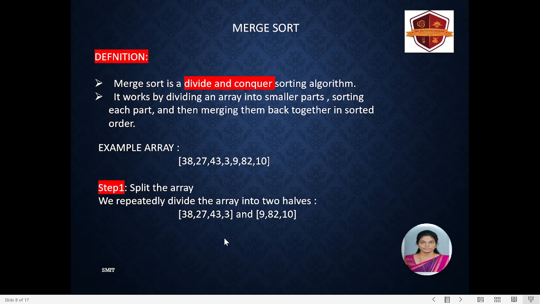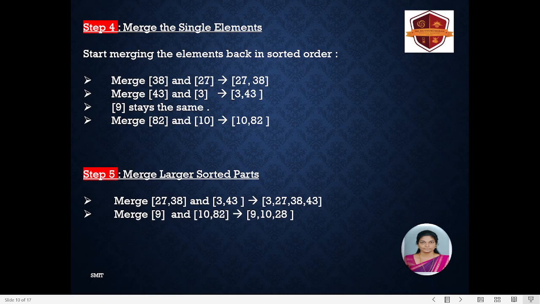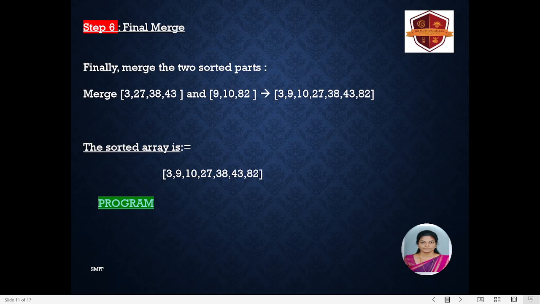Step 1, it splits the array into two halves, and then step 2, it splits again by dividing into two elements, and then it splits into single elements, and at step 4, it merges into smaller to bigger elements, and step 5 completely forms a set of elements from smaller to bigger, that is in ascending order. Here the final sorted array comes out.